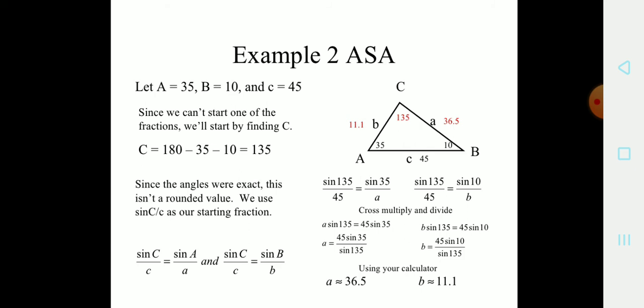So sin 135 over 45 equals sin 35 over a. Cross multiply and divide: a sin 135 equals 45 sin 35, so a equals 45 sin 35 over sin 135. Using your calculator, the answer is a equals 36.5.